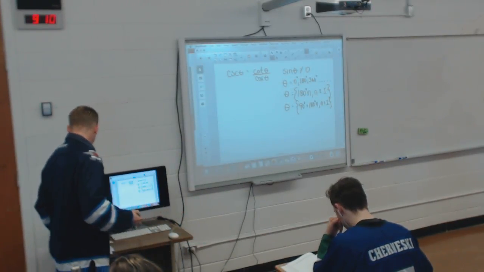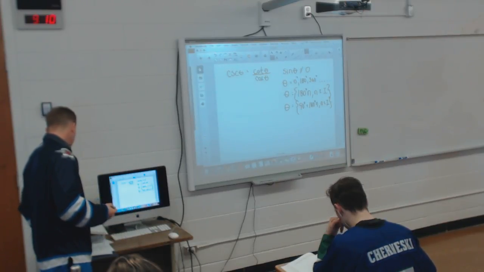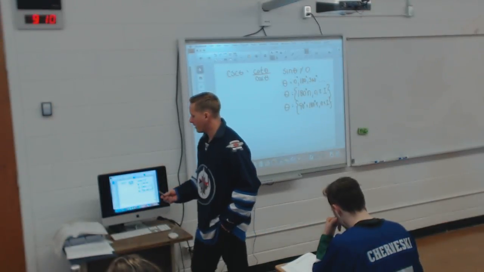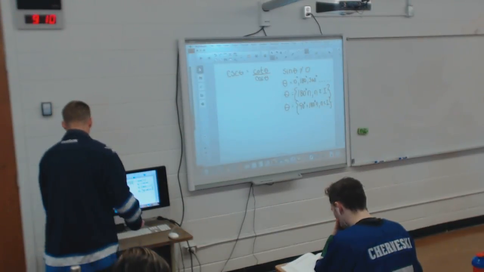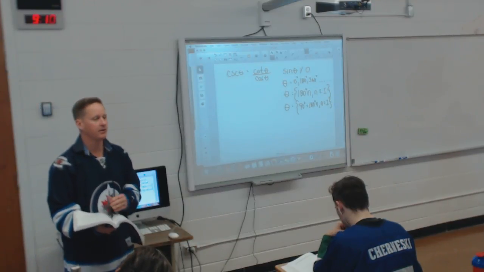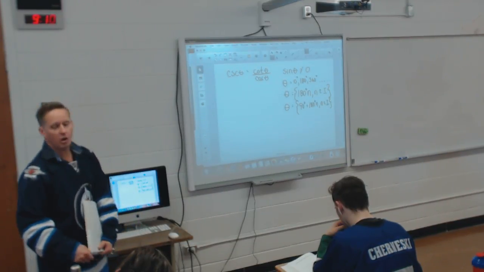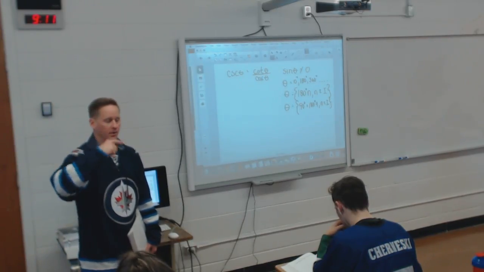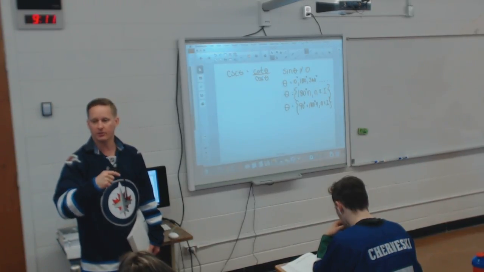So far so good, right? Okay, so that's my non-permissible values, and that's all that part A asked you to do. Find your non-permissibles. Now, when you have cotan and tangent, you have to know which one's on the bottom because you'll have to include that too.